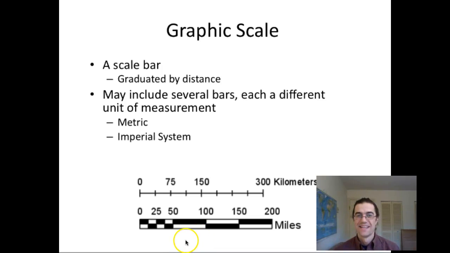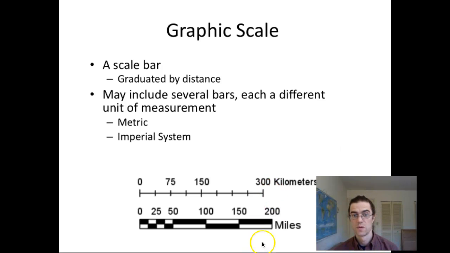And yeah, what's important to keep in mind as well with the graphic scale is it may include several bars, each a different unit of measurement. Okay, so it's quite common to see the metric scale bar as well as the imperial system. For instance, kilometers and miles.